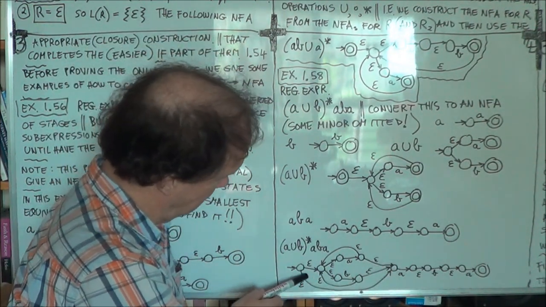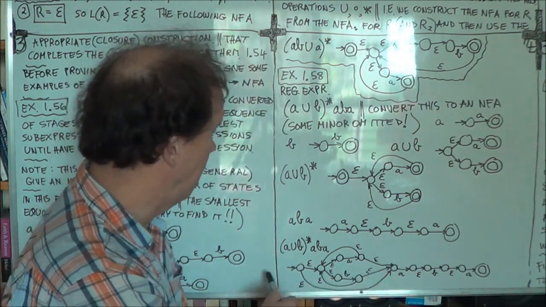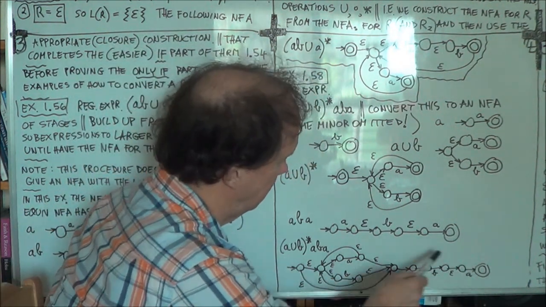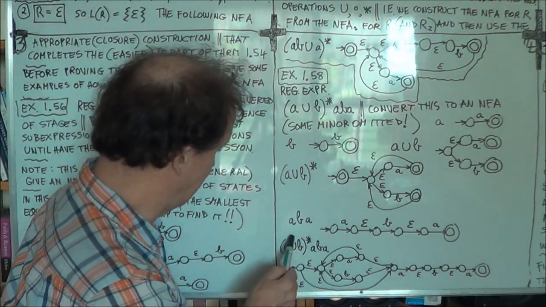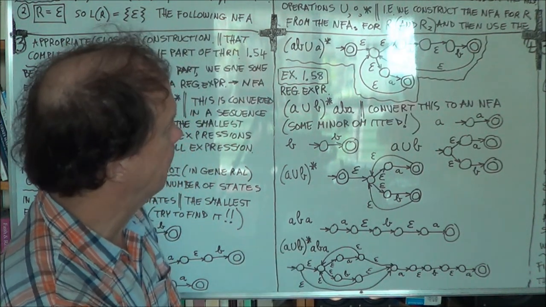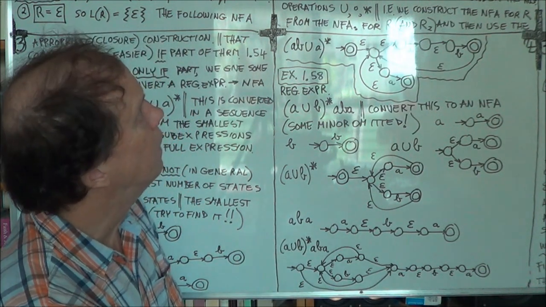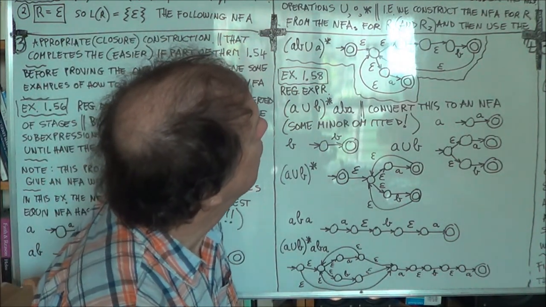Right? So here, there are your epsilon arrows connecting to this, and that whole thing is the NFA that corresponds to this regular expression. All right. Okay, so that's the end of that session.